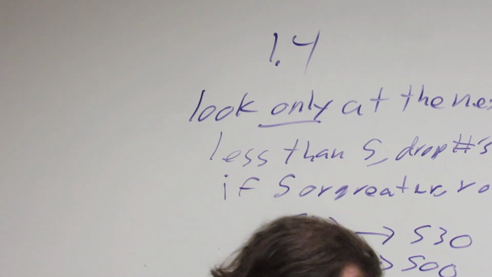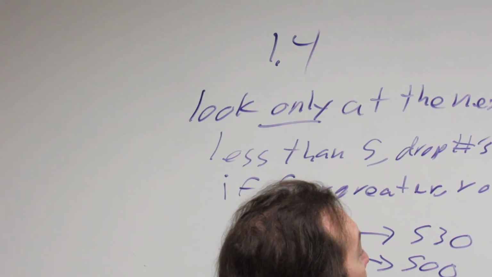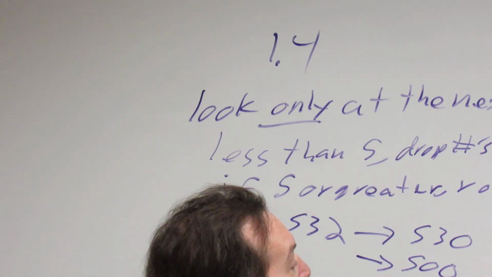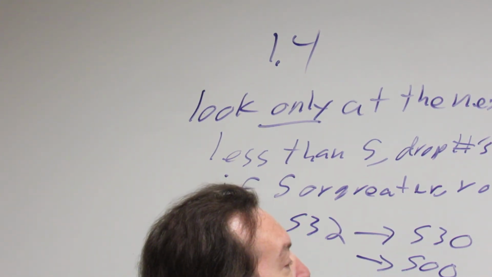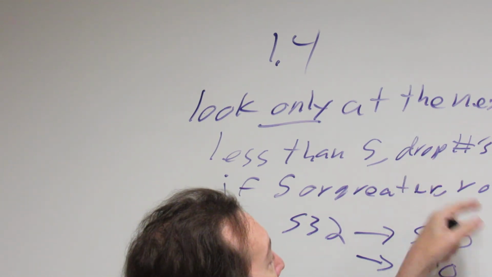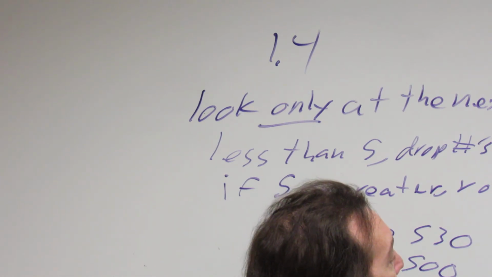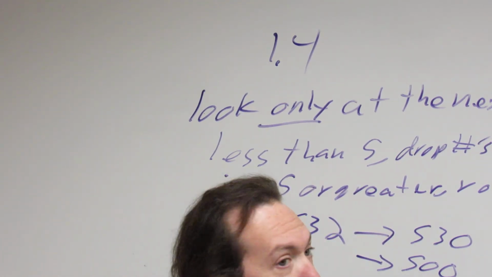If though we have something like 547, if we want to round to the nearest 10, we go to the 10 spot, we look at the next number, we see that that's a 7, so we're going to round it up. So it's going to be 5. We're going to round the next one up, the 4 to a 5, and we keep that 0.